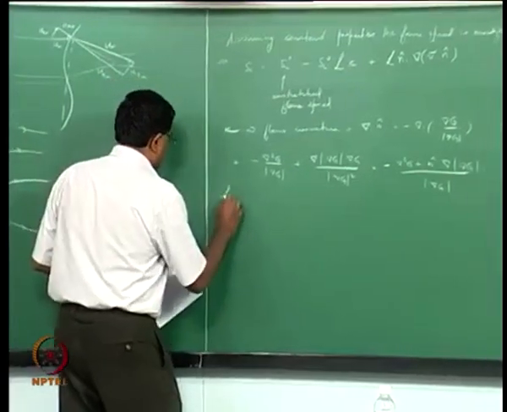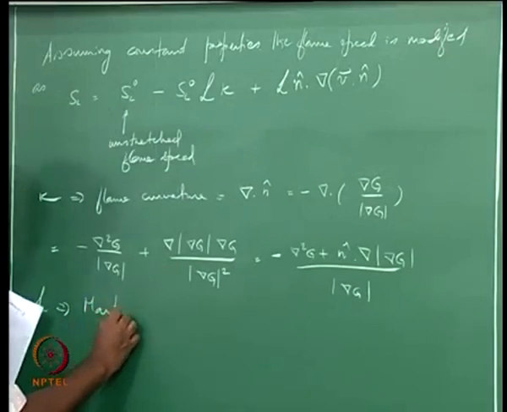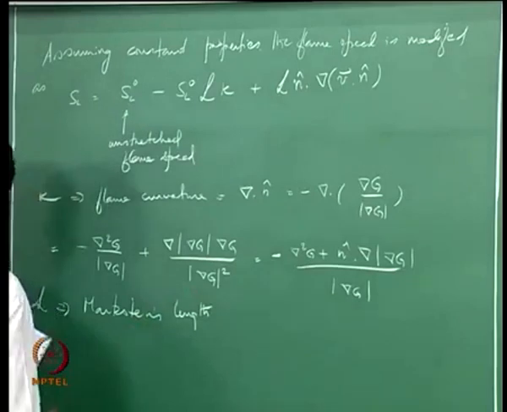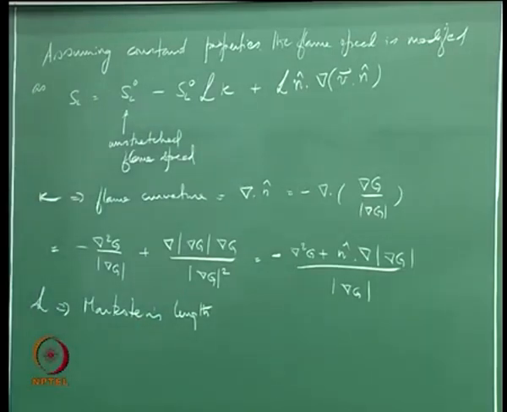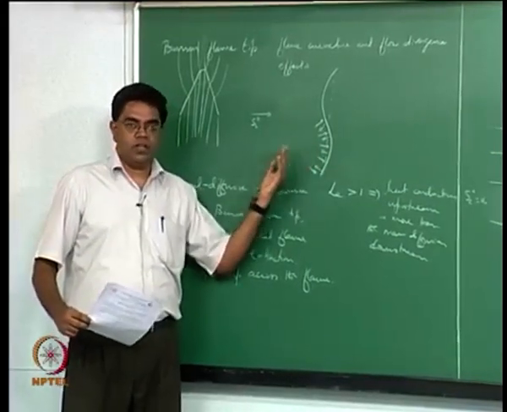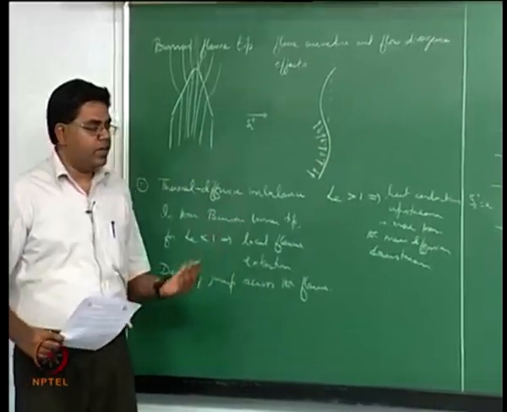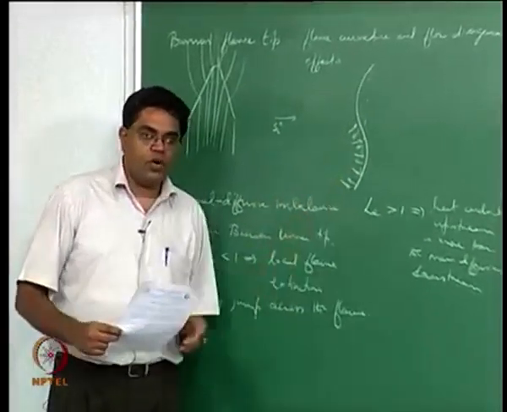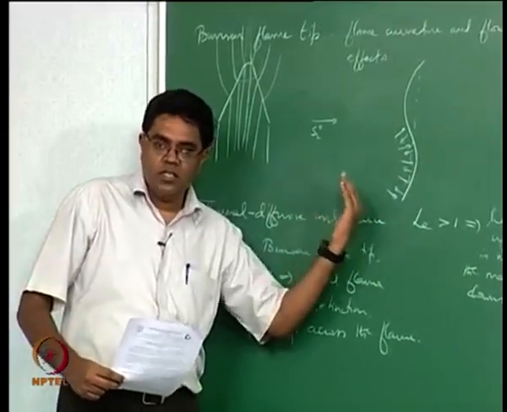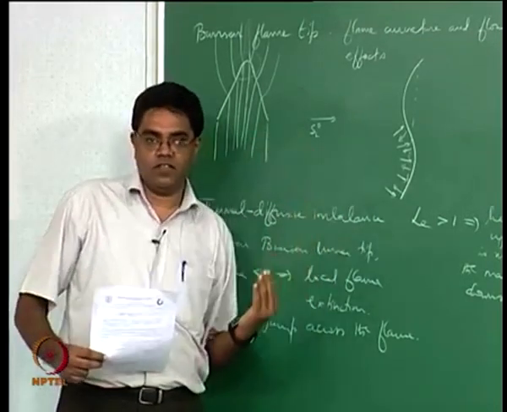L here, the script L is what is called the Markstein's length, and recall I kept talking about a length scale that is of the order of the flame thickness but not exactly equal, so it's somewhat greater, okay, it's a little bit greater than the flame thickness, because if you now have a flame curvature, the heating effect is going to be felt a little bit further upstream than the original unstretched flame thickness, okay.